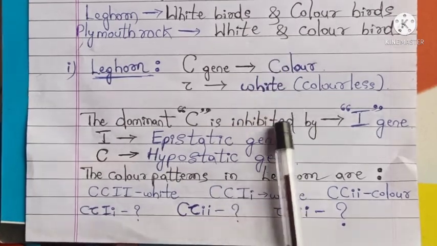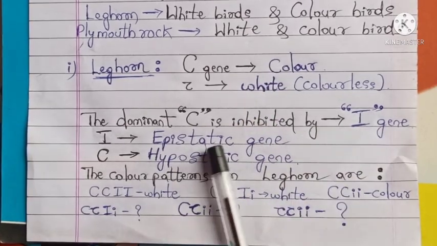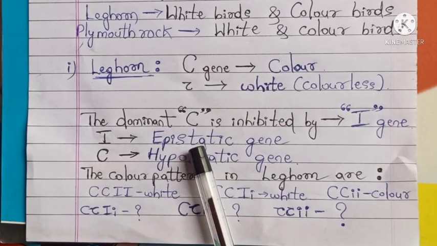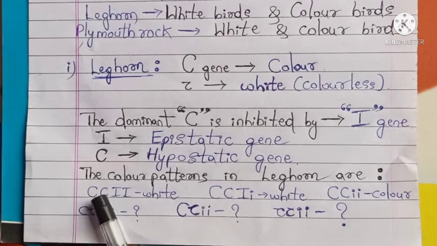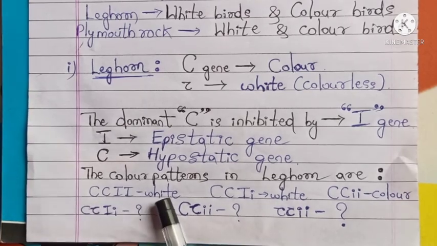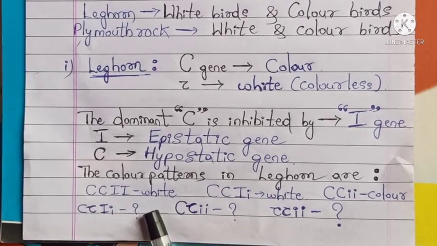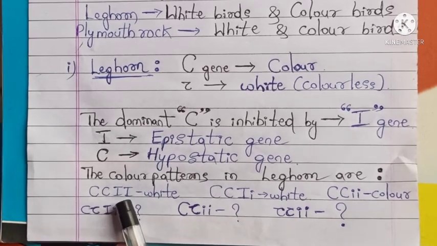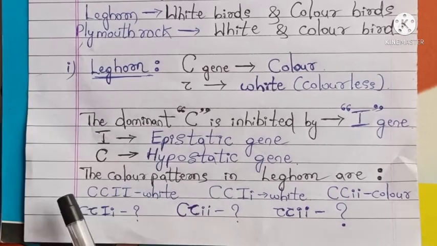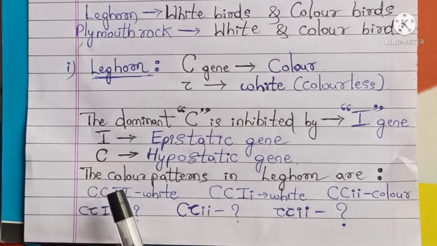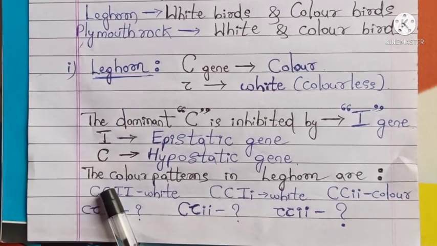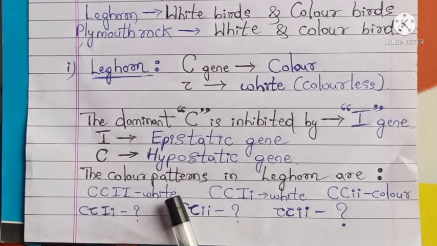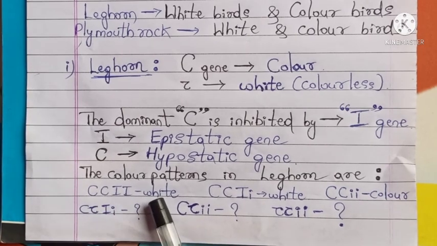But since the I gene is an epistatic gene, when the epistatic gene is present, the dominant C gene is not expressed. Therefore, the color is white. Due to the presence of this I gene, the expression of the C gene is masked, prevented by the I gene. Therefore, the feathers are white.